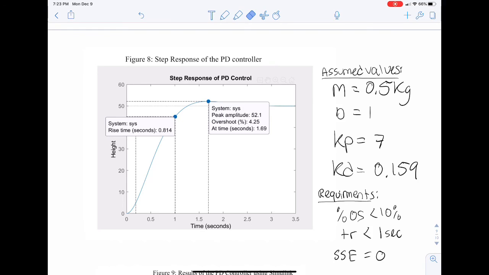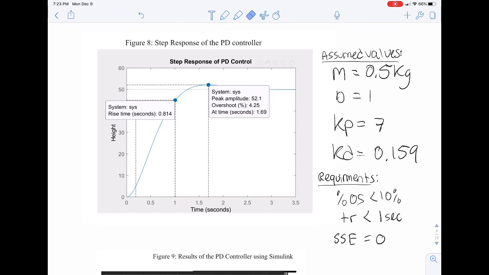We assumed values of a mass to be 0.5 kilograms, the damping ratio to be 1, our Kp value to be 7, and our Kd value to be 0.159. These values were tuned so that our requirements were met. Our requirements were to have a percent overshoot of less than 10%, a rise time of less than 1 second, and our steady state error to be equal to 0.